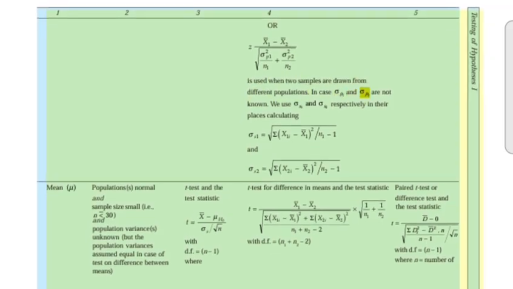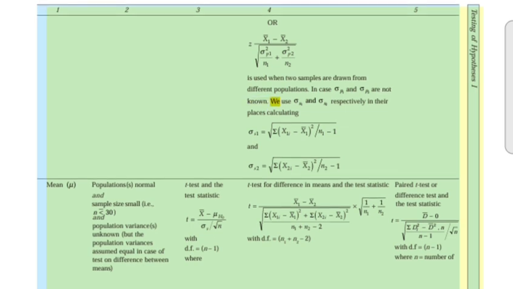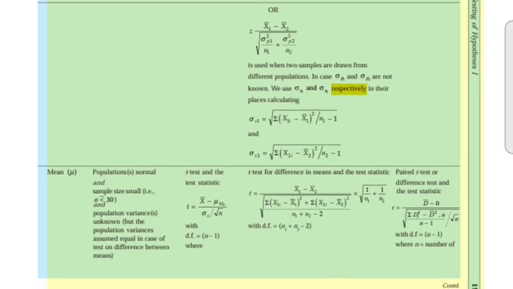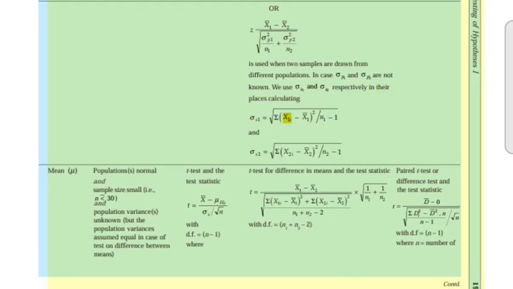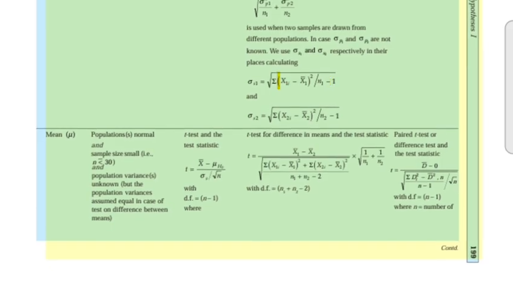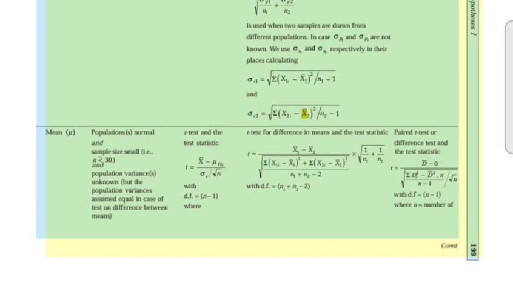In case σp1 and σp2 are not known, we use σs1 and σs2 respectively in their places. Calculating σs1 and σs2 from the respective samples.